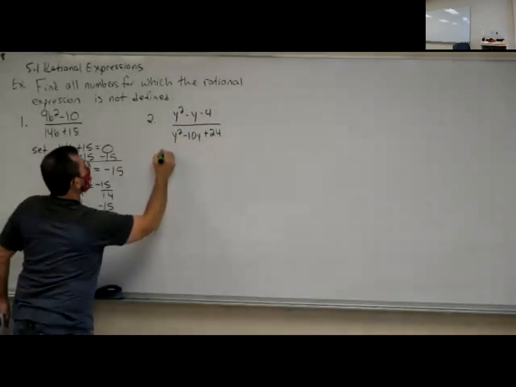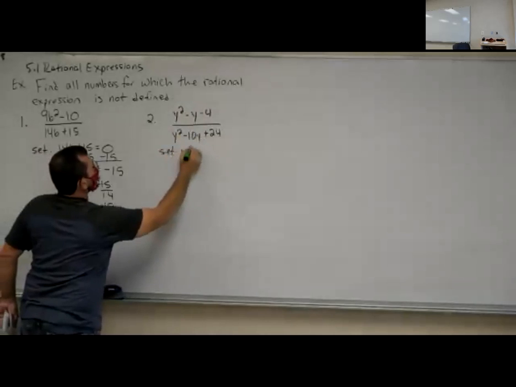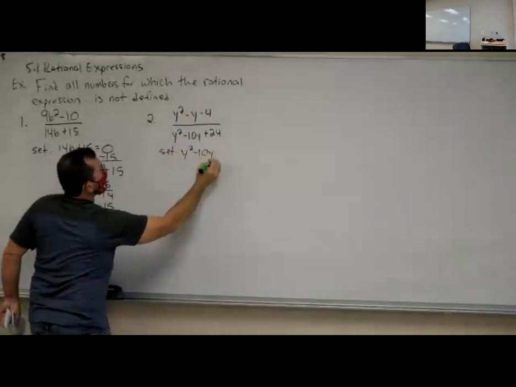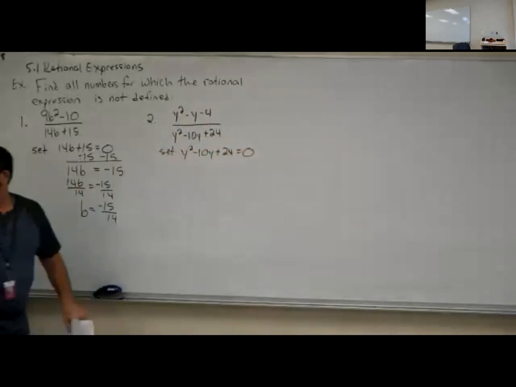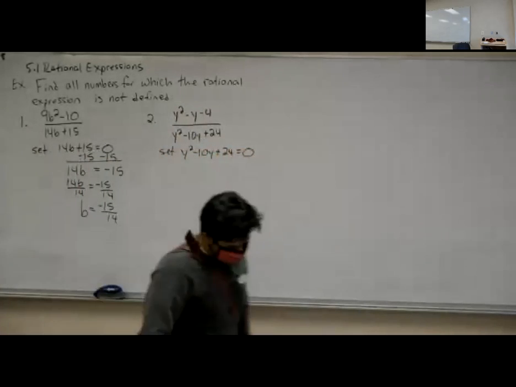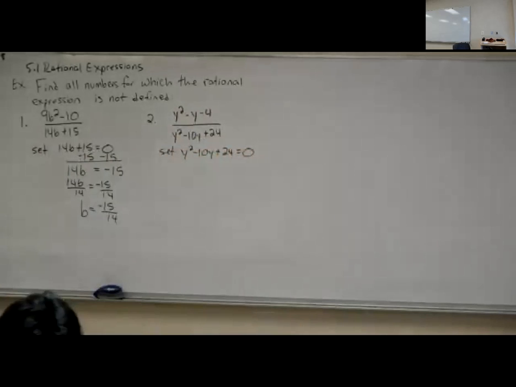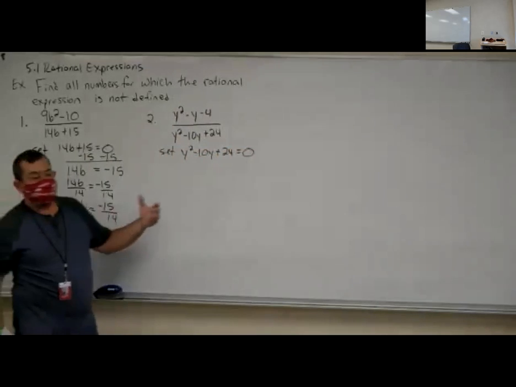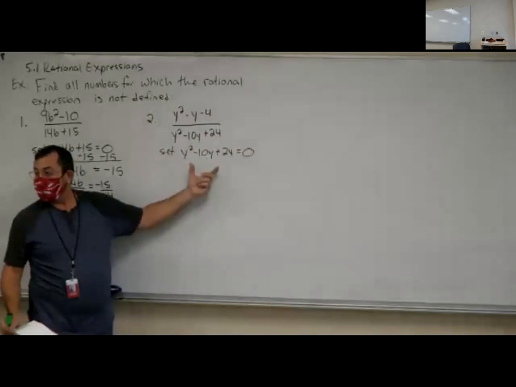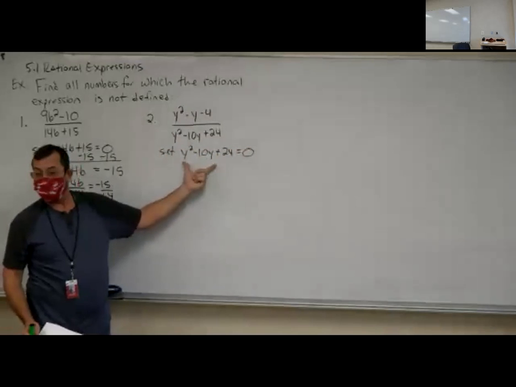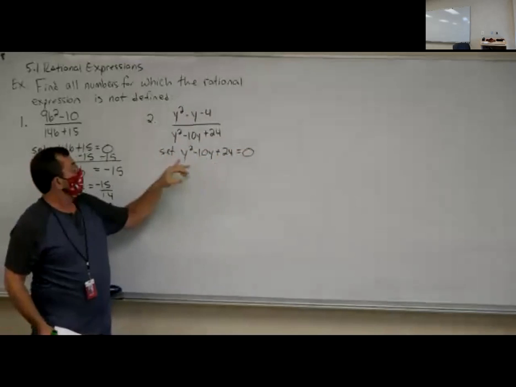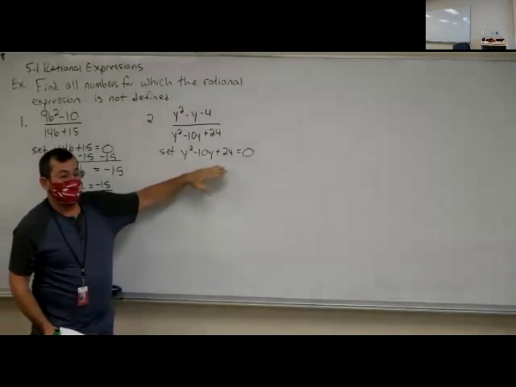I'm going to take that bottom, y squared minus 10y plus 24, and set that equal to 0. Now I'm going to actually solve it by factoring, but on this part right here, you can use the quad to get your 2 answers. Anytime you've got y squared equations like that, you can use the quad.